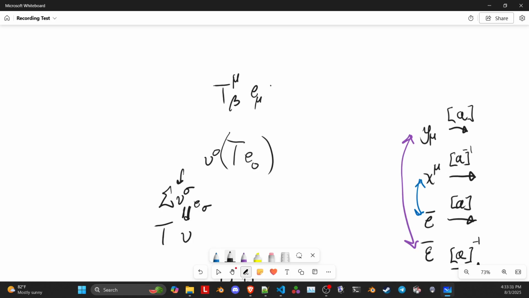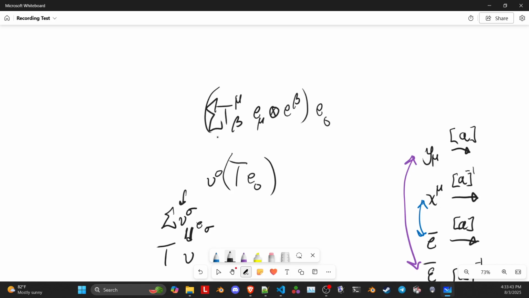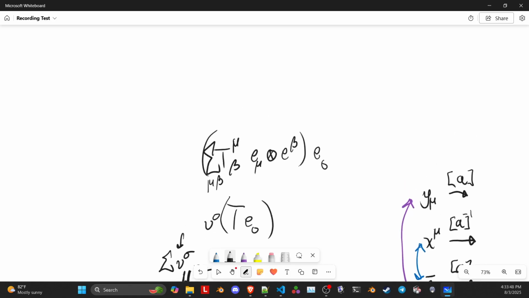E, it's a lower mu, and an upper beta acts on E0, except this is a sum over mu and beta, and we actually have linearity in the other direction. For the same kind of reason, we have linearity of matrices, where either matrices can act on a sum of vectors, or a sum of matrices can act on a vector, and you just apply each matrix separately and then add the result. So we actually get another level of linearity.